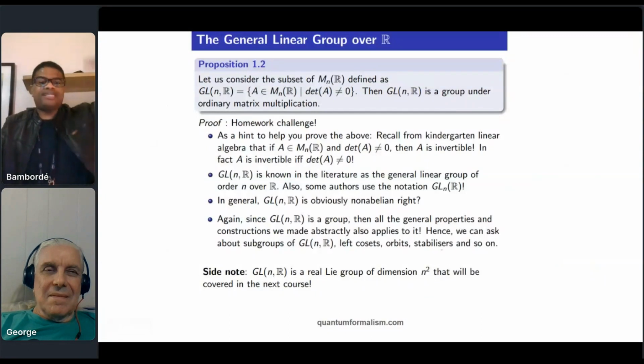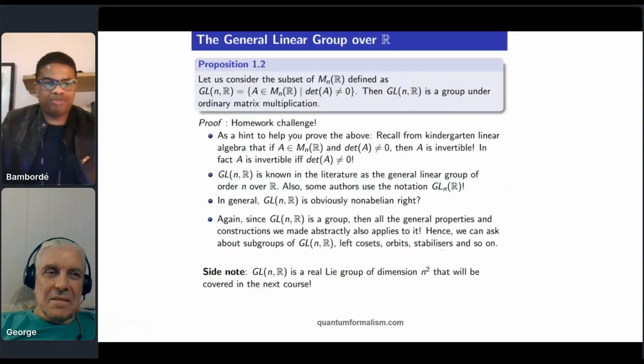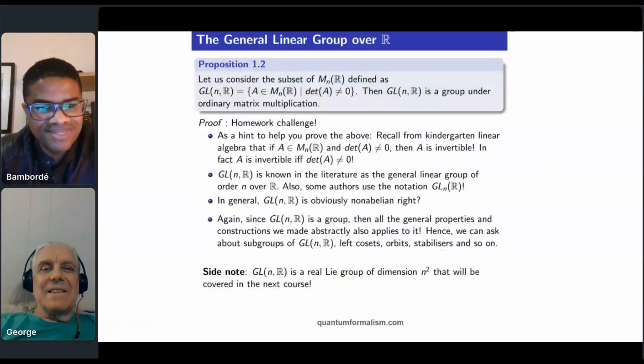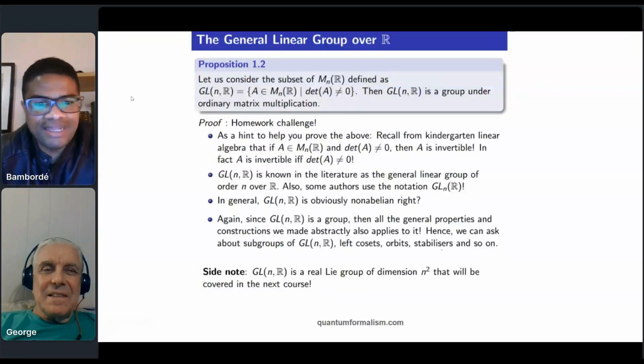The other one was the general linear group of V, of the vector space. This one is over R, over the field itself. In another slide, you will see that in a sense it won't matter because of one result, but you will see in a minute.